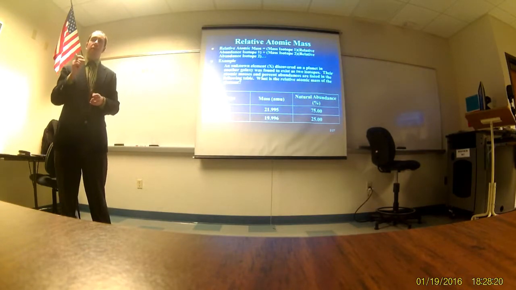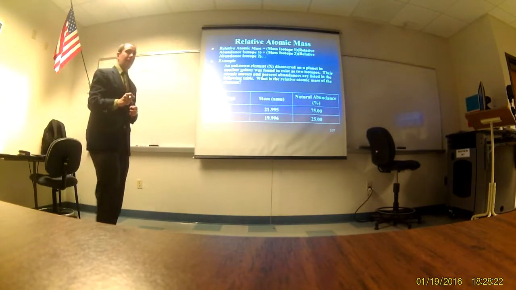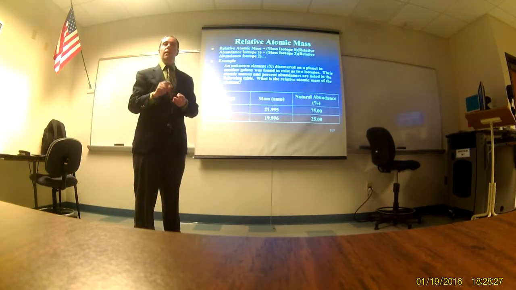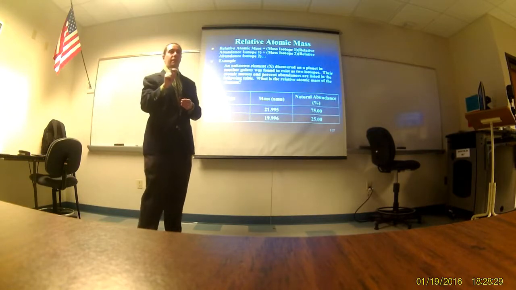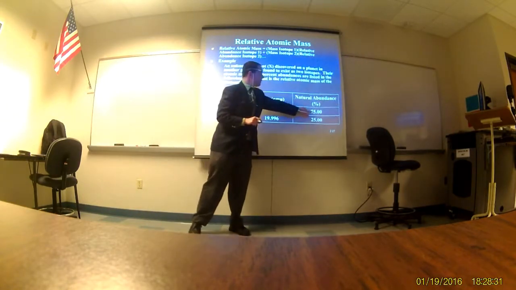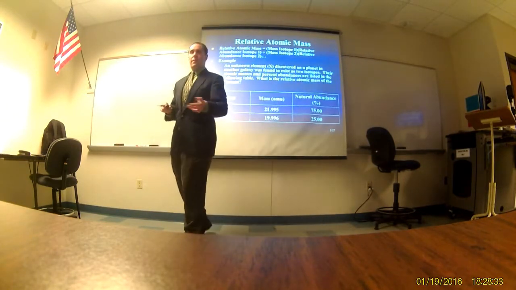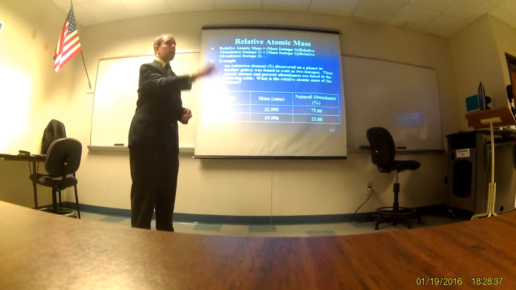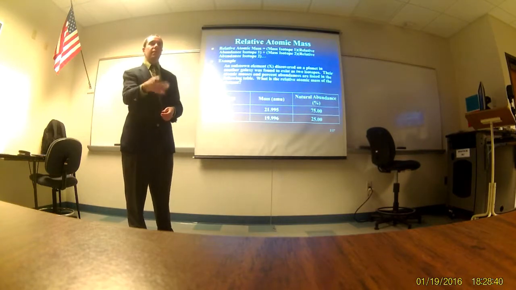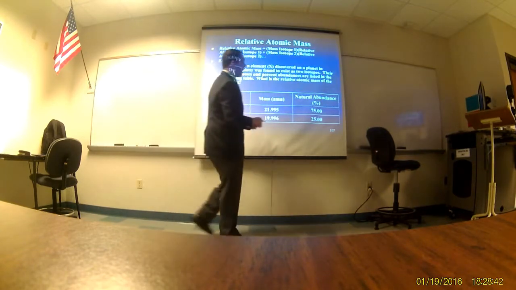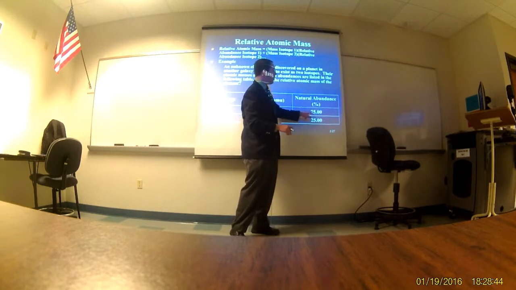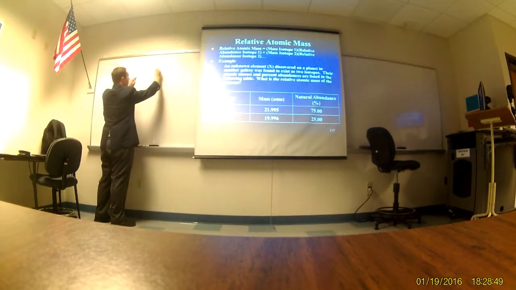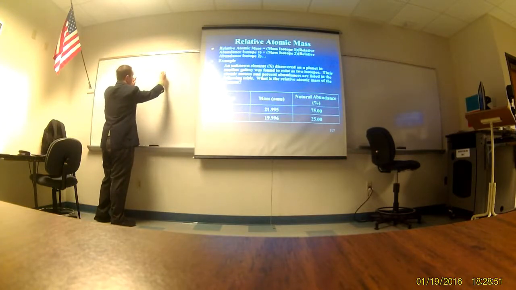If you wanted to multiply something by 75%, what would you type into your calculator? 0.75. You need to take a percent and divide by 100. If you remember the equation for calculating percent, at the end you always multiply by 100. So you need to divide by 100 to get it back into decimal form. So it'd be 0.75. So we're going to take 21.995 times 0.75.